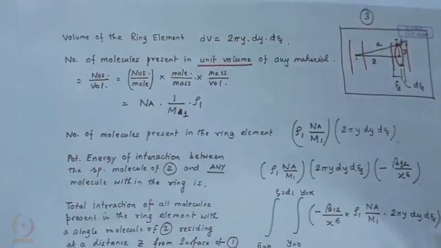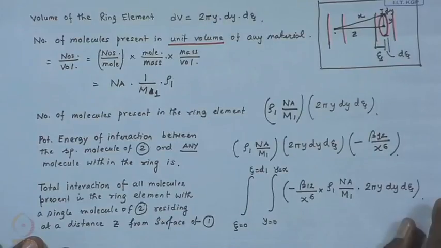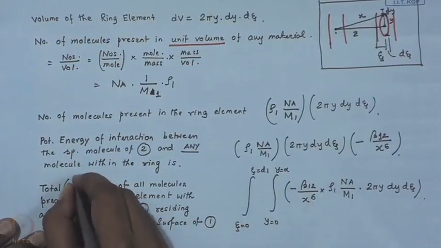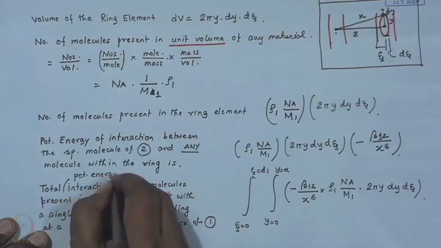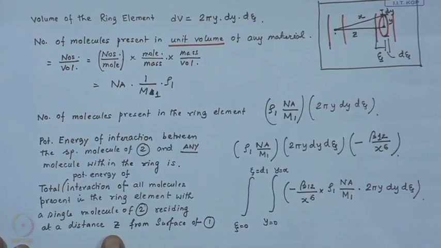Now, this is the expression of the total energy of interaction, the potential energy of all molecules present in the ring element with a single molecule of 2 residing at a distance z.